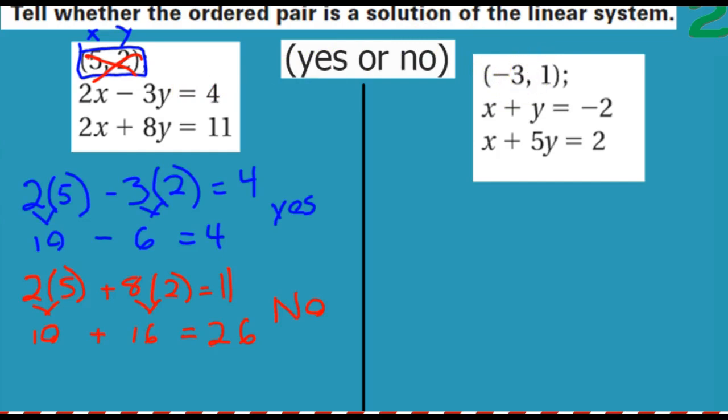Here again we have our x, which is -3, and our y, which is 1. So here we have -3 plus 1 equals -2. Well, -3 plus 1 is -2, and -2 does equal -2. So this one works.